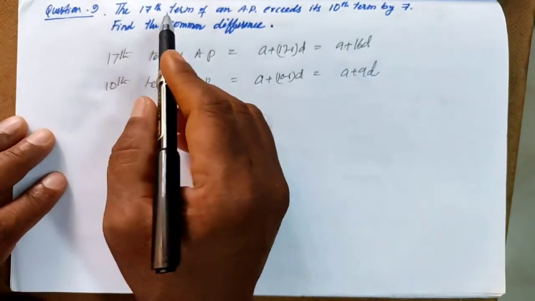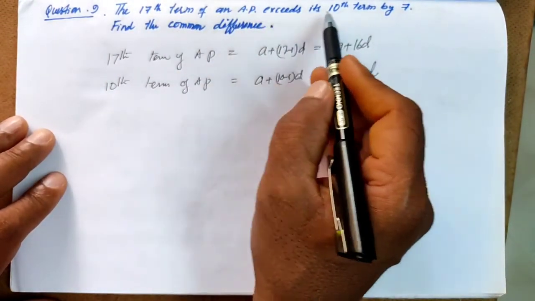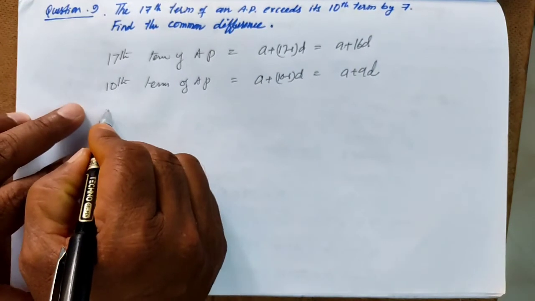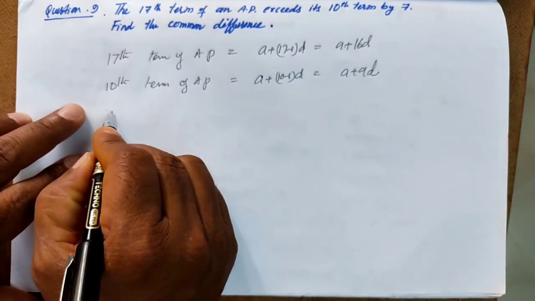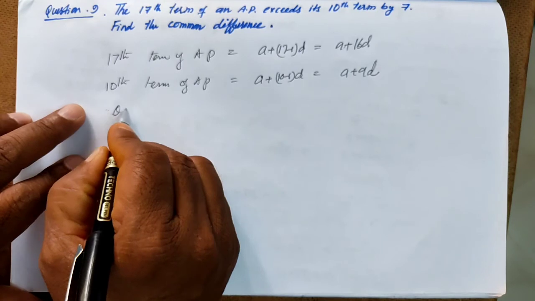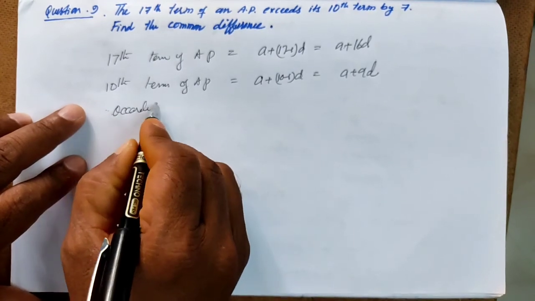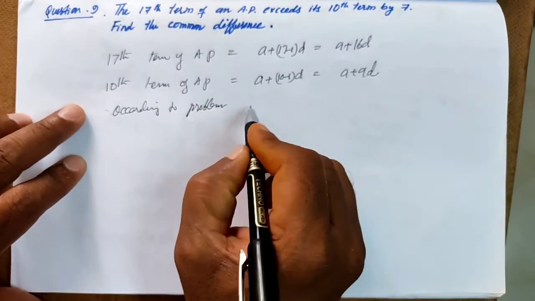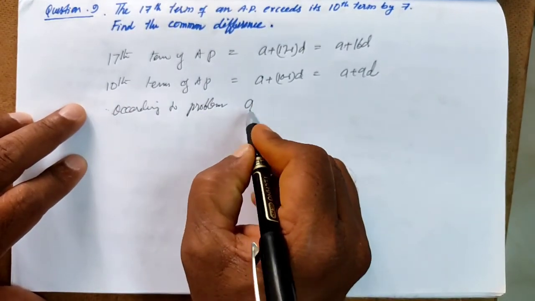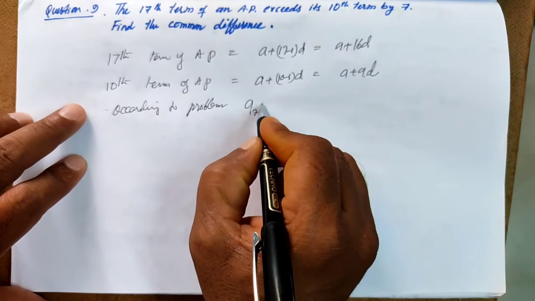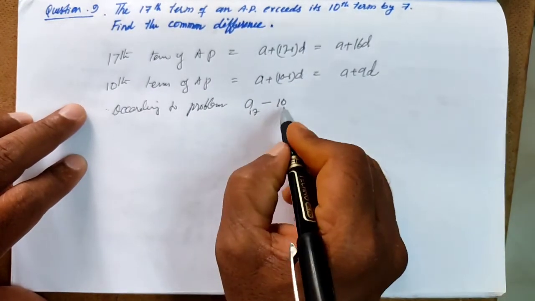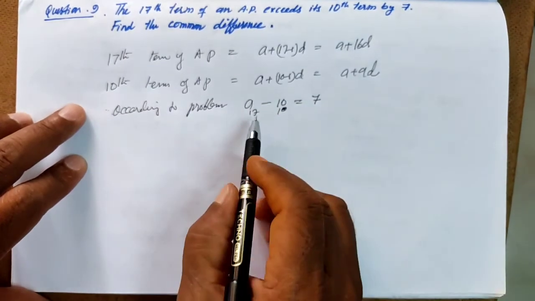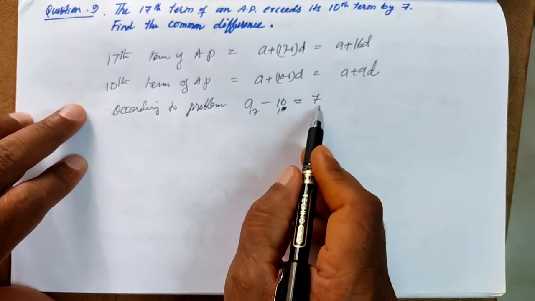Now according to the problem, given that the 17th term of AP exceeds the 10th term of AP by 7. So the 17th term minus the 10th term is equal to 7.